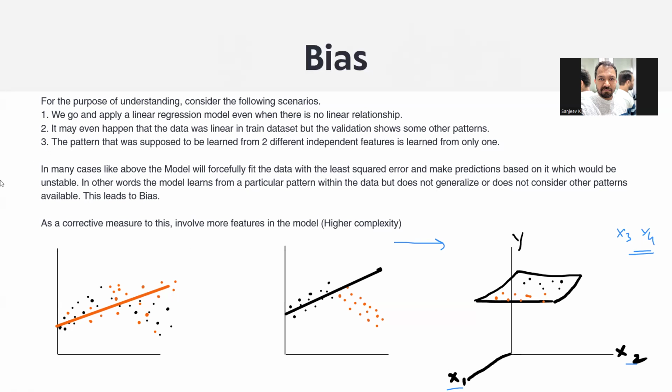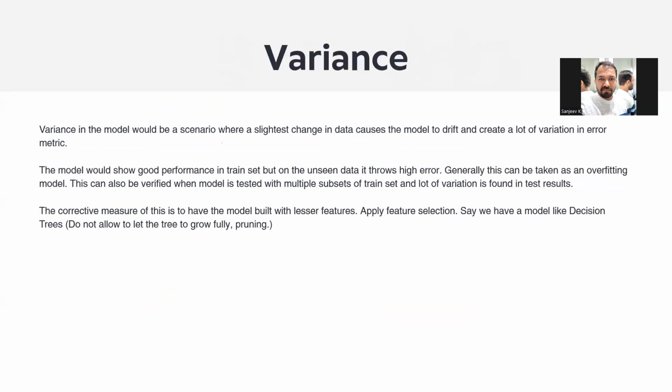Okay, now let us go and understand what is variance. Variance is a case where we have good performance on our train. Let us say I have a model and my data was like this, and the model was trying to go through all the data points. On my train, maybe I'm getting 99 R square and very low RMSE, let us say root mean square error is 1.